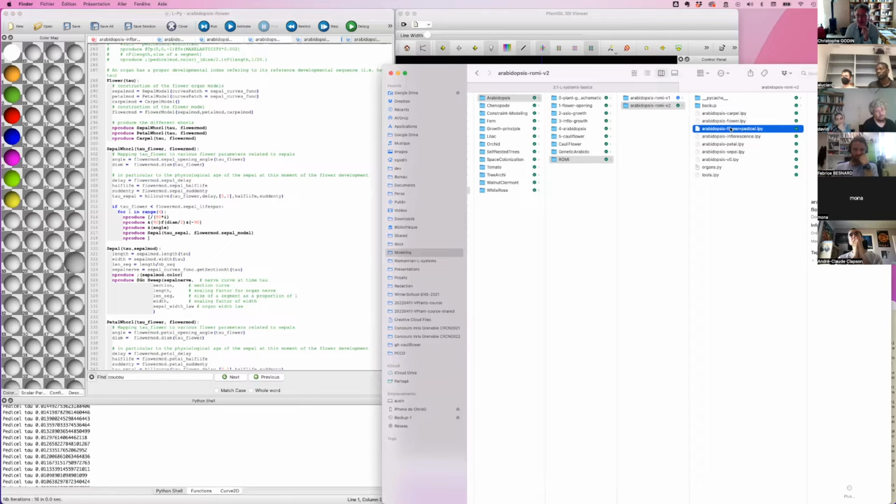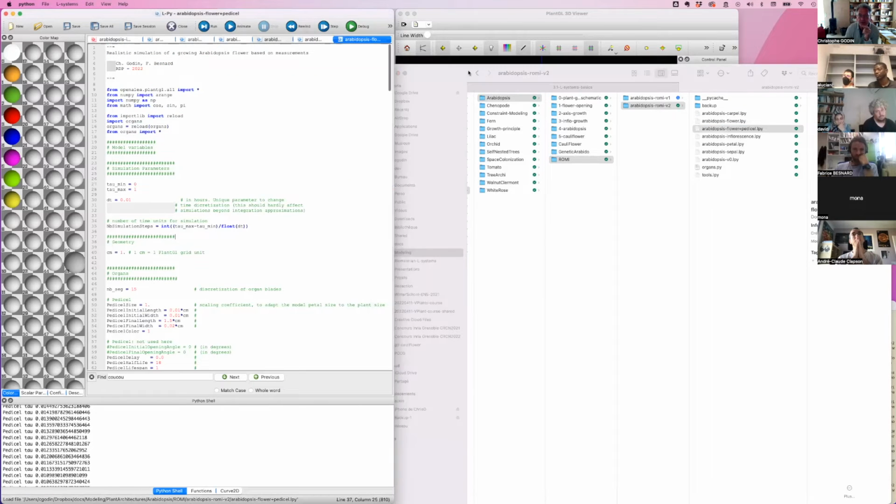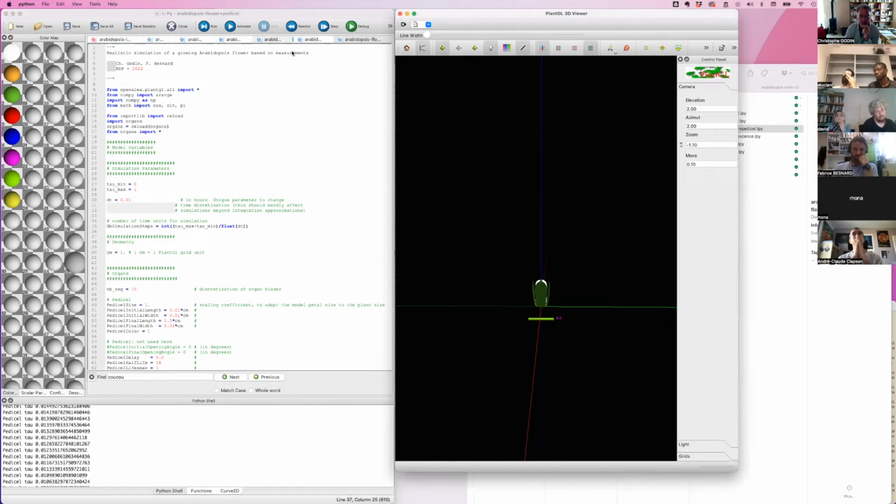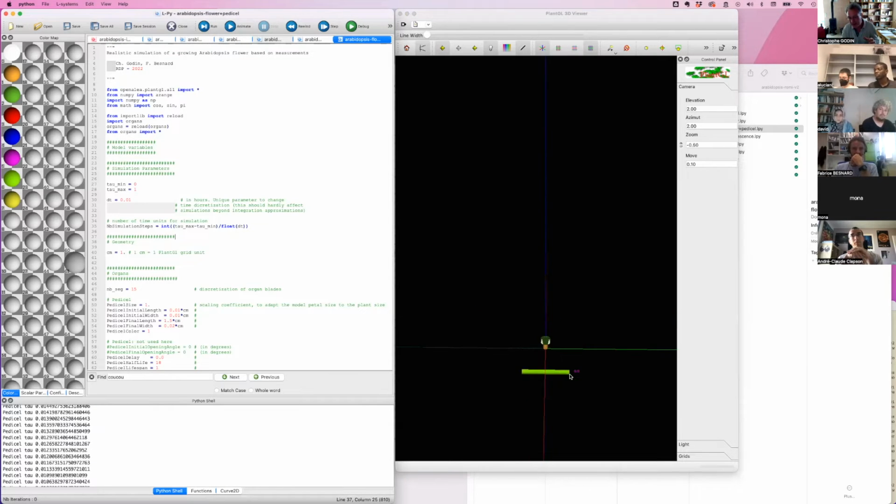So the more complex system is the flower plus the pedicel. And you remember that Fabrice was showing that the pedicel can bend and then can start upright, then bend, and then get back to the vertical position to some extent. And then, so this is a model that we could call the full flower, where you see now that there is this small pedicel at the base.